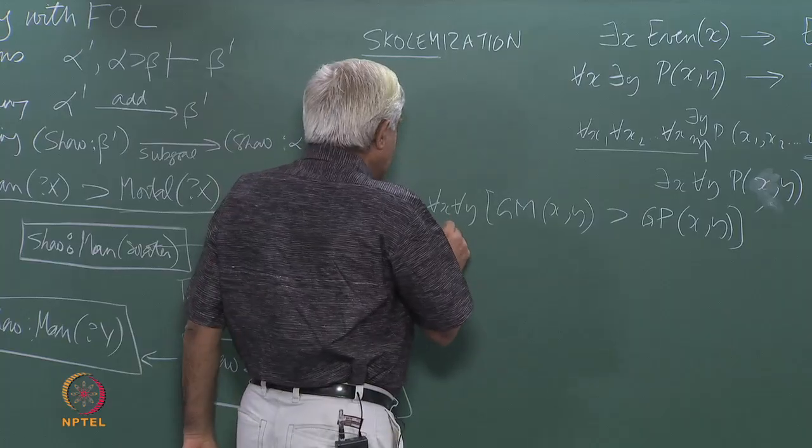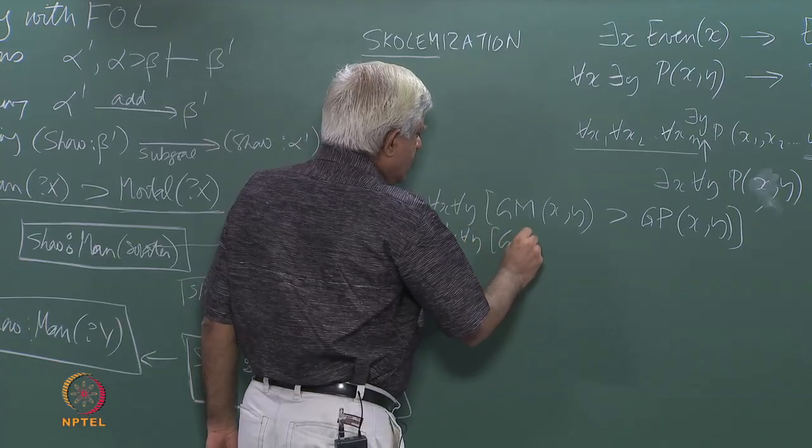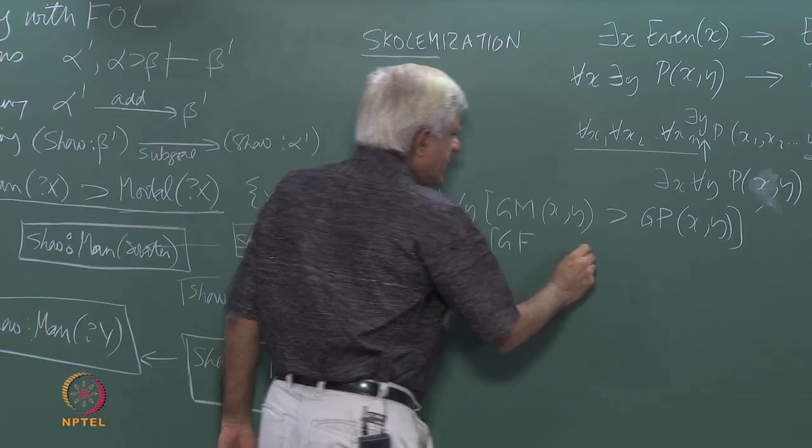Then you could have a rule like for all x for all y, GF and the same thing.